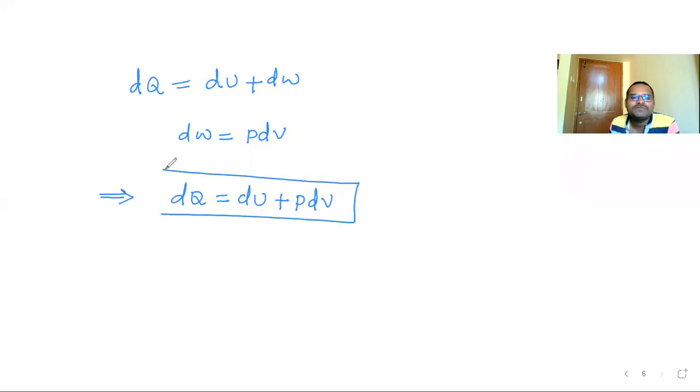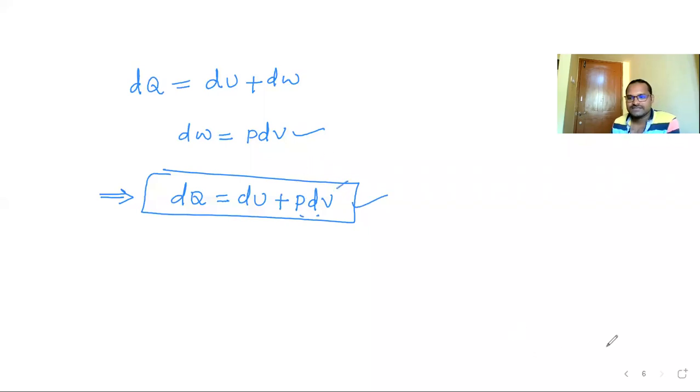Why am I writing dU plus PdV? Because dW, work done by any system or gas, we can write in the form of pressure and volume as P into dV, pressure into change in volume. This is also the first law of thermodynamics. Very easy point. Got it, students? Yes. Next.